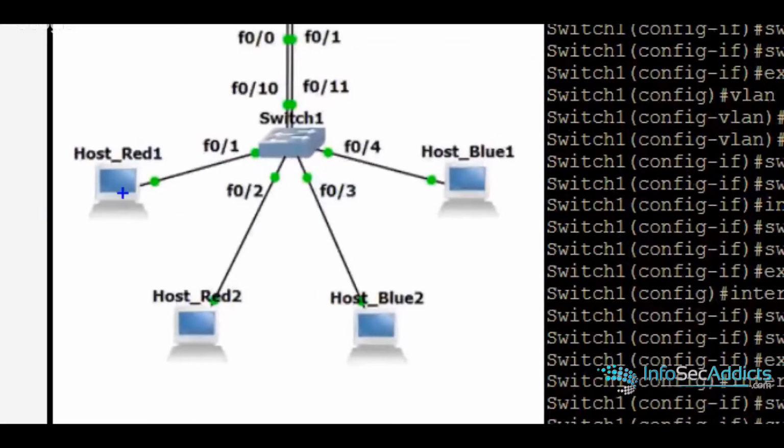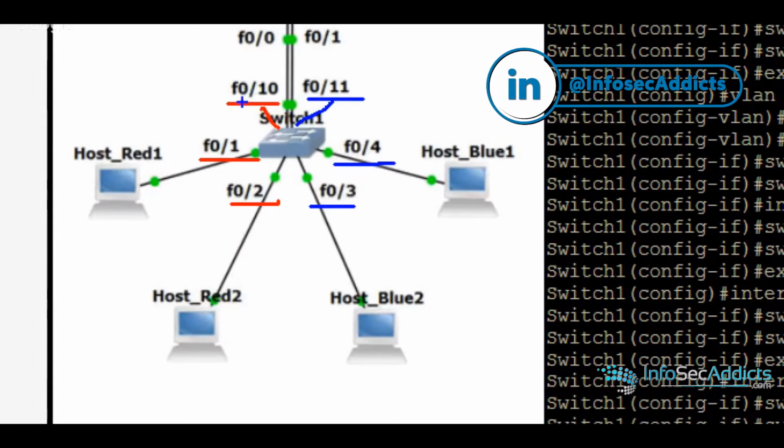Now what we've done is this interface on the switch, this interface on the switch, and this interface on the switch are all configured for the red VLAN. This one on the switch, this one, and this one are all configured for blue.